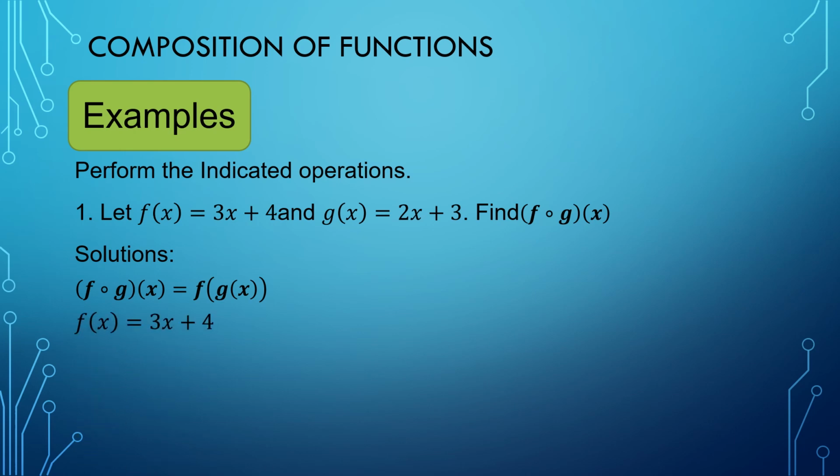The f of x is 3x plus 4. We want to find f of g of x. Therefore, we will change the x of f of x to g of x.